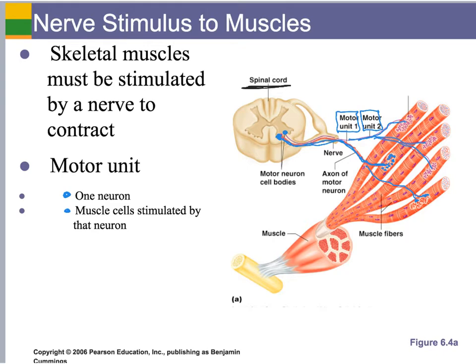Now we also need to know what this area is on the sarcolemma where this interface occurs. Where the axonal ending and the muscle fiber interface, we call that the motor end plate.